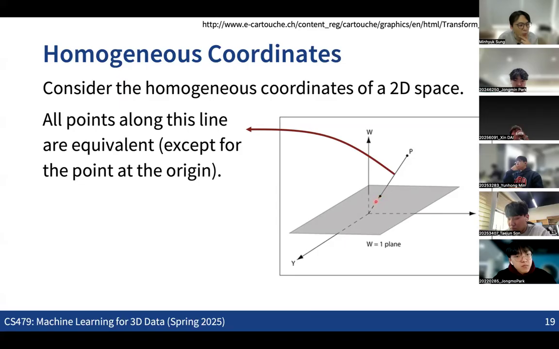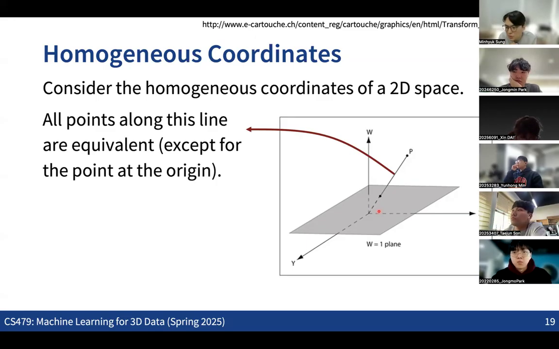This means that when you draw a line joining the origin and this point, all the points along this line, except for the origin, represent the same point. So that's the idea: augmenting the coordinate system with an additional dimension, with some sort of equivalence relationship.